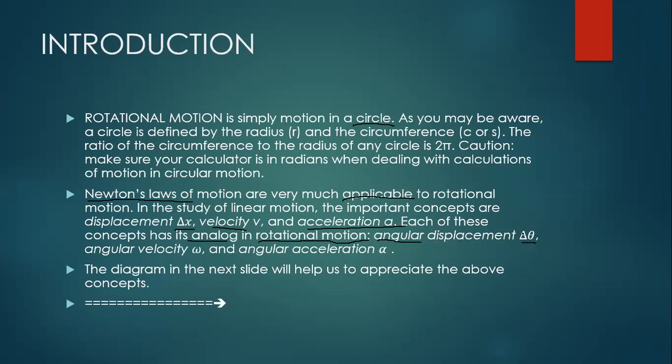Whenever we talk about angular displacement, it's that symbol, and this is analogous to displacement in linear motion. And then we also have angular velocity, which is analogous to velocity in linear motion, as well as angular acceleration, which is analogous to acceleration in linear motion.